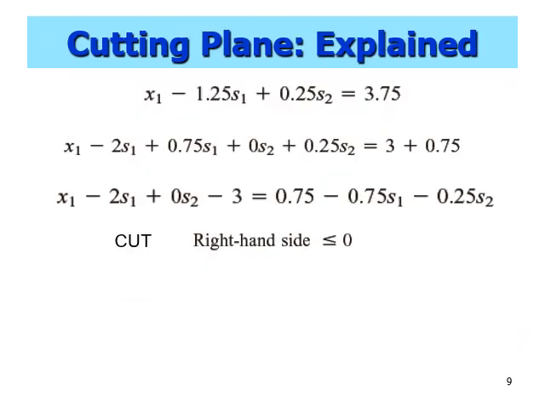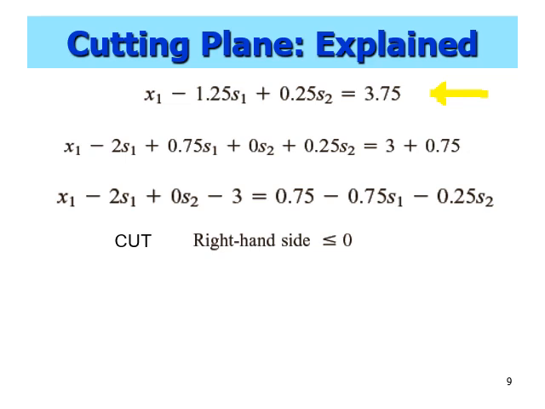The cutting plane can also be explained by looking at the equations. Just a quick review here. This is the second constraint. We see that the right-hand side is not integer, which in this problem is not allowed because you cannot produce a table or chair with a quantity of 3.75.